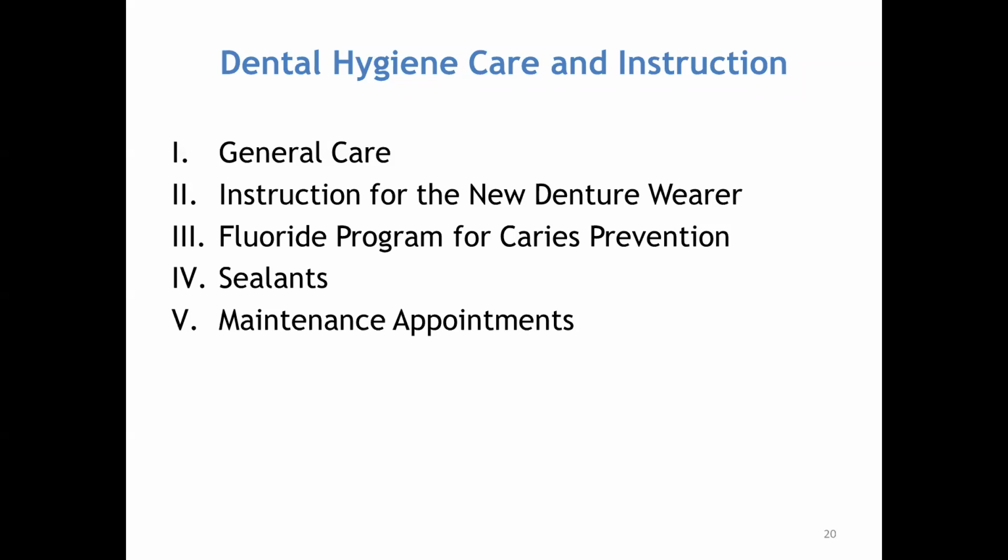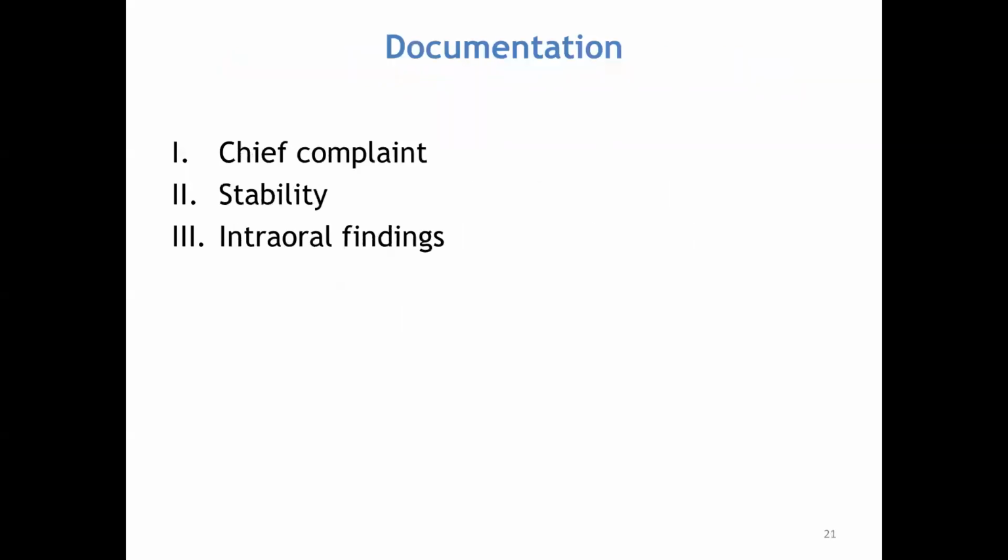Sealants, depending on where it is, what's going on, you can still recommend sealants for adult patients if they are caries prone in certain areas. And again, the importance of maintenance procedures. So we are really not treating anybody differently that has dentures.